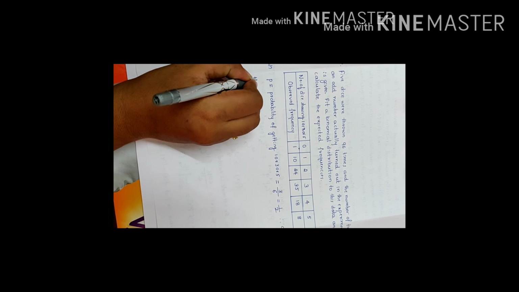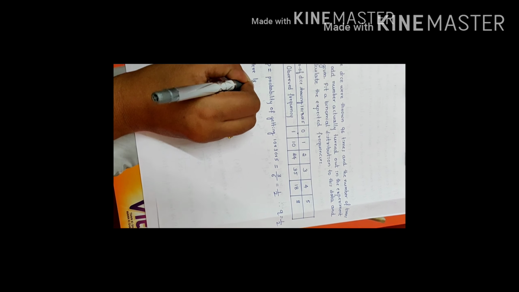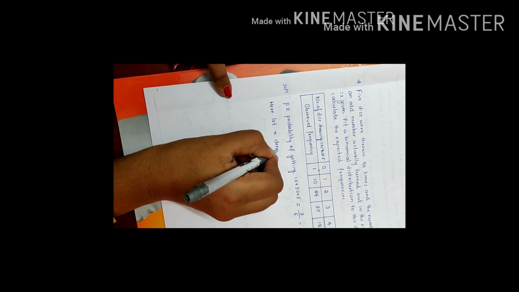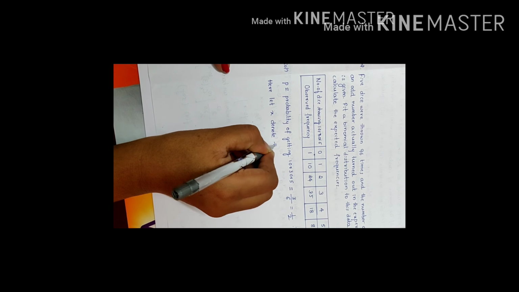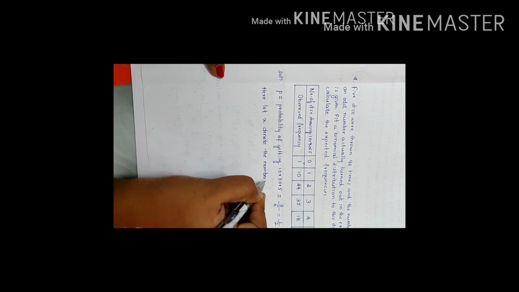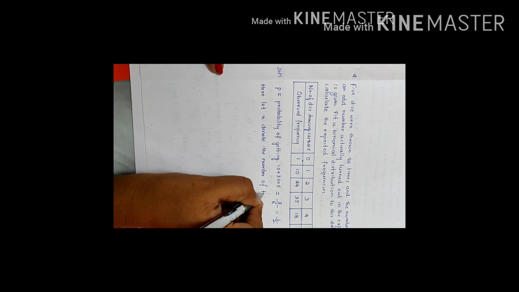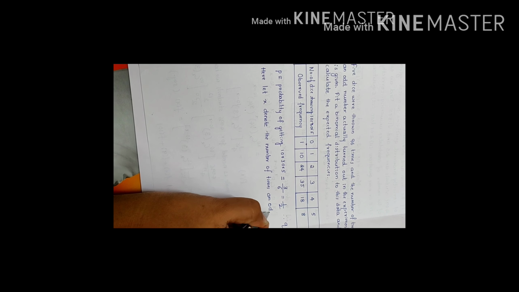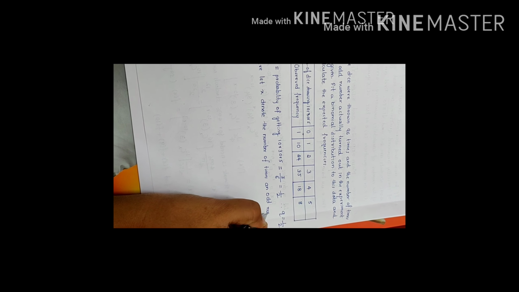Now let X denote the number of times an odd number turns out.